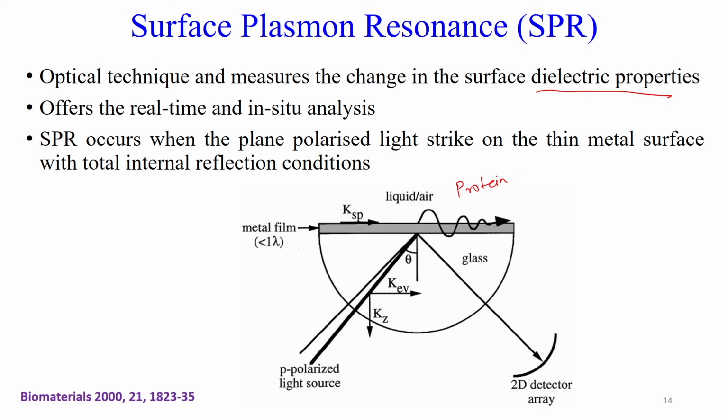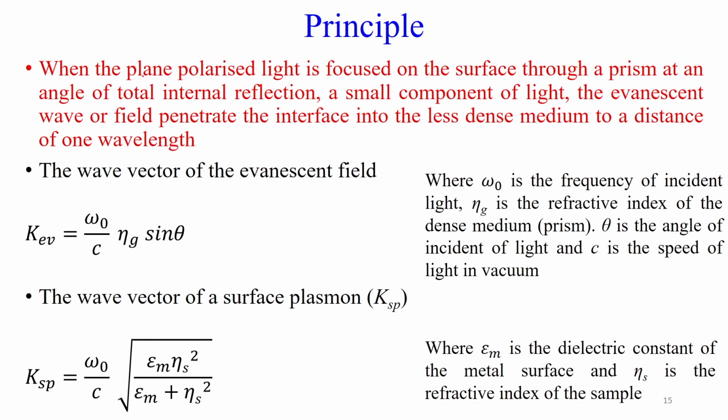So, we have two waves, one is the KEV and the other is the KSP. When the plane polarized light is focused on the surface of a prism, typically we have a prism surface for SPR and that is coated with gold. Its angle is, let us say, some theta angle.